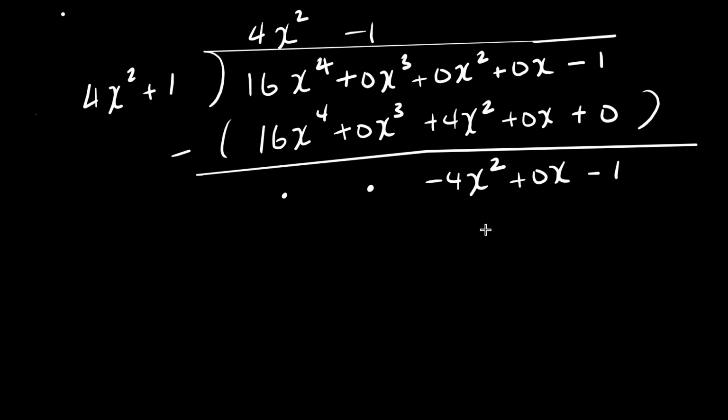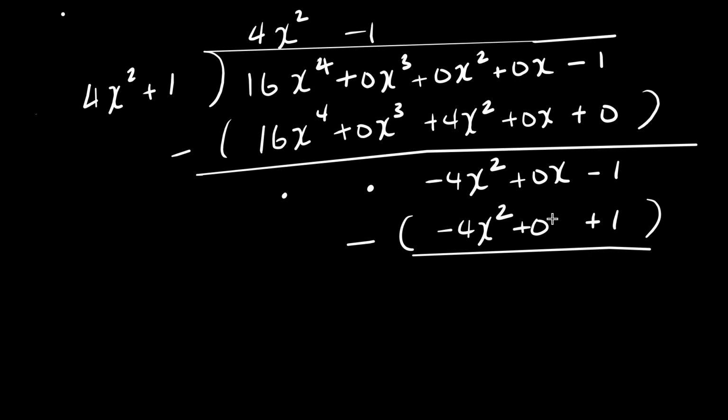Now, all we have to do is multiply through our -1, which is our partial quotient, by our divisor, and we can subtract, and that will be the end of it. Because we have 4x squared times -1, -4x squared, and 1 times -1, which is just -1.